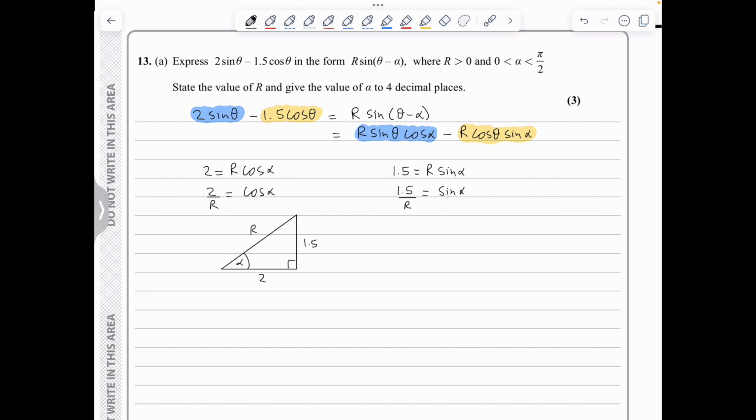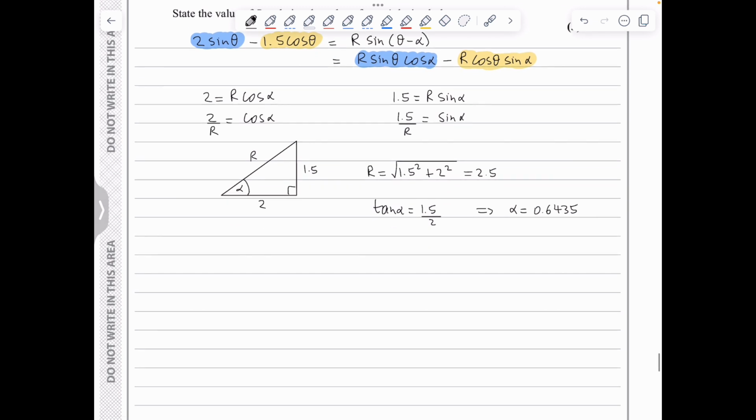So using Pythagoras, we can see that r is the square root of 1.5 squared plus 2 squared, which gives an answer of 2.5, and tan alpha is 1.5 over 2, which leads to alpha being 0.6435 to 4 decimal places. So to conclude, we have 2 sine theta minus 1.5 cos theta is equal to 2.5 sine of theta minus 0.6435.